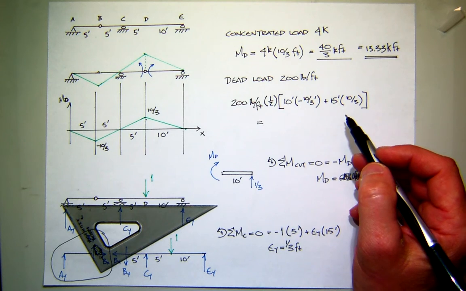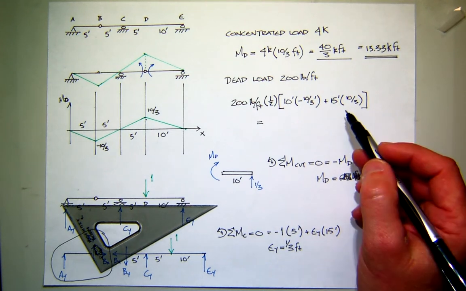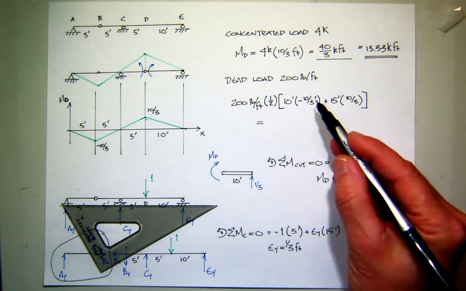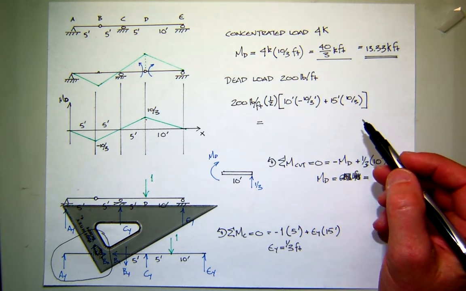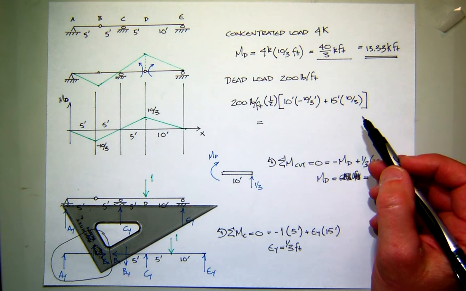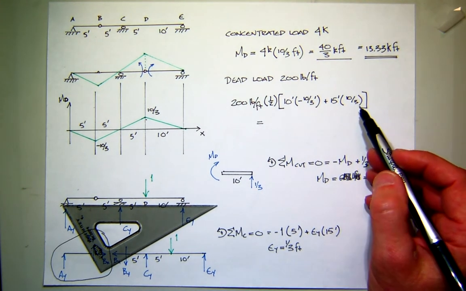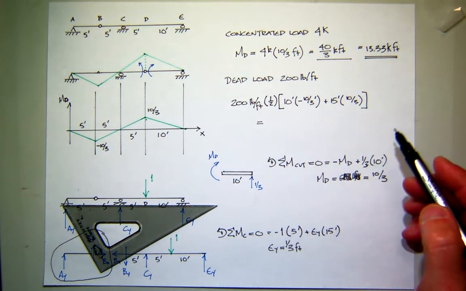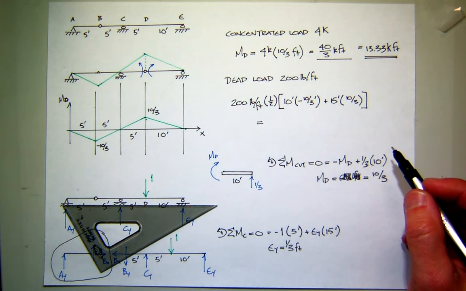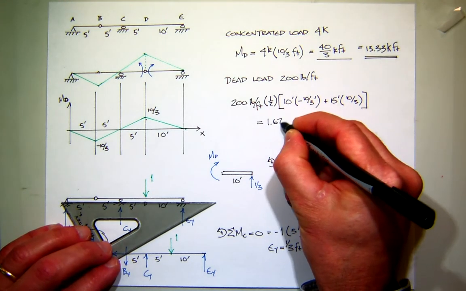I don't know. This is pounds. Somebody calculate this. Don't you guys have a calculator? I don't have one. I'm thinking this part right here is 5 times 10, which is 50 over 3 times 100, is 5,000 over 3, which is 1,666.7. So that would be 1.67 kip feet.